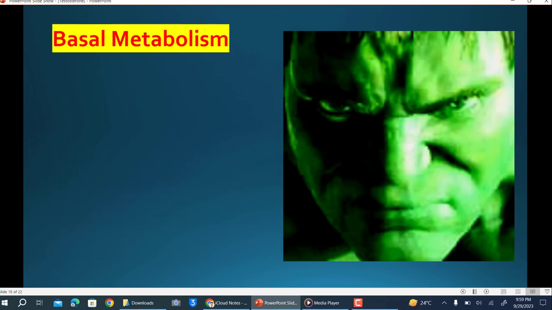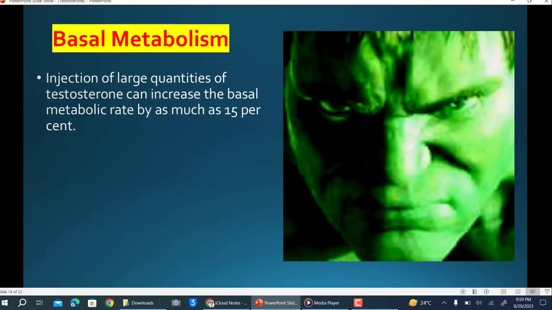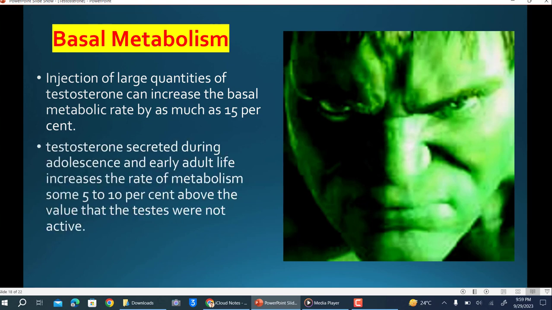Basal metabolism. Injection of a large quantity of testosterone can increase the basal metabolic rate by as much as 15%. Testosterone secreted during adolescence and early adult life increases the rate of metabolism some 5 to 10% above the value that would exist if the testes were not active.